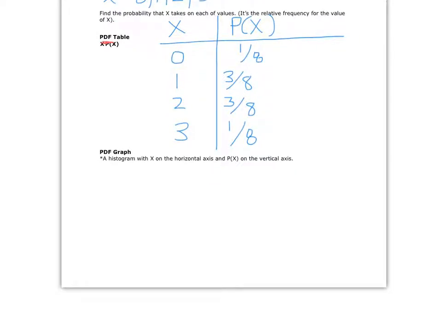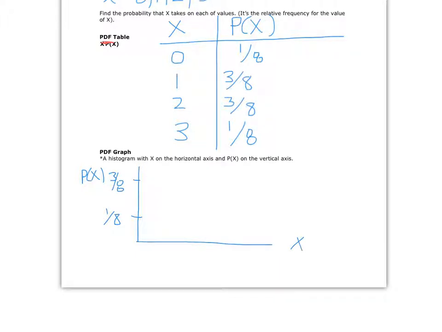We can also create a graph for a PDF where we have values of x on the horizontal and the vertical is the probability. So we need probability of 3/8 and a probability of 1/8.